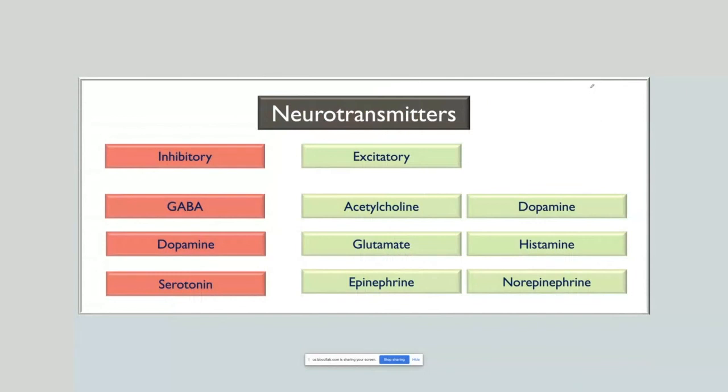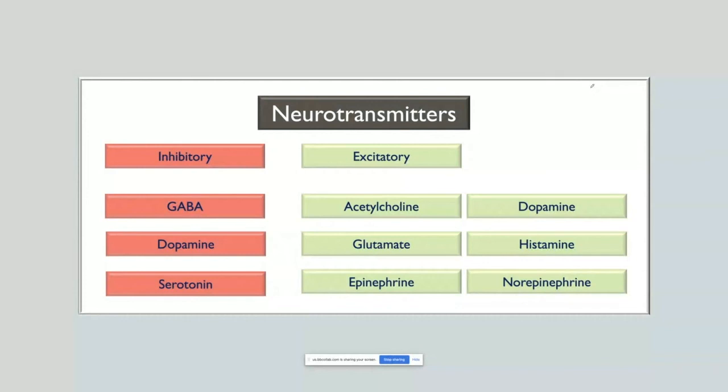Some of them are inhibitory, some of them are excitatory, some of them are both, depending on the structure that they are acting on. There we have the most important inhibitory neurotransmitters: GABA, dopamine, and serotonin.